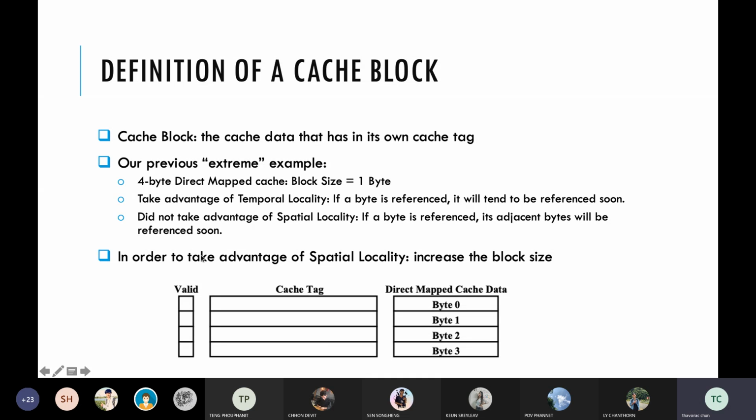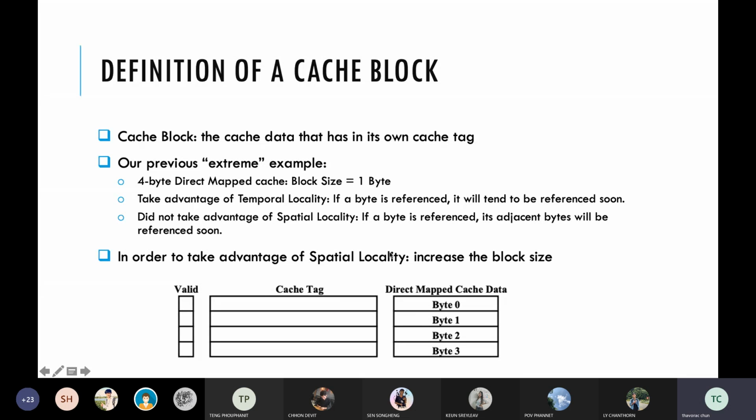And here, if we want to take advantage of the spatial locality, I hope you still remember it. We are talking about locality of reference. There are two types of locality of reference. One is temporal locality, and this one is spatial locality. Spatial locality means that data around the target data tends to be accessed again by the CPU.